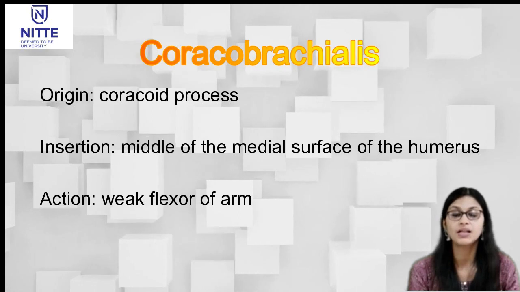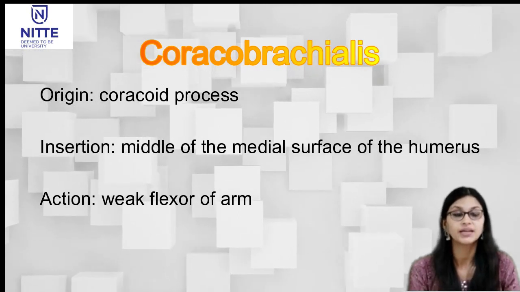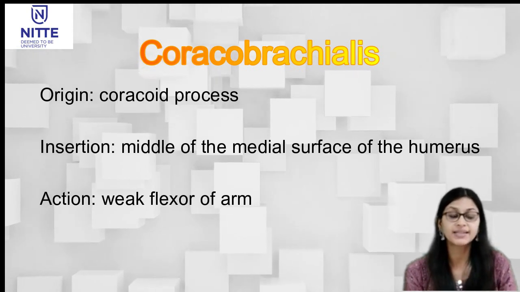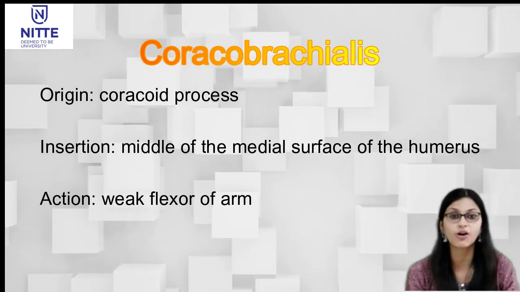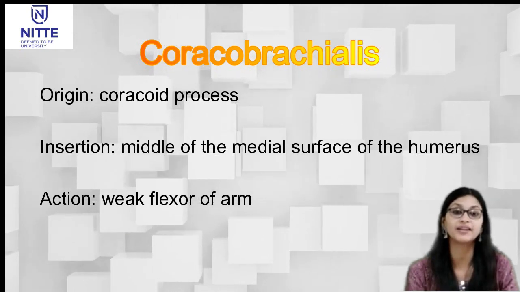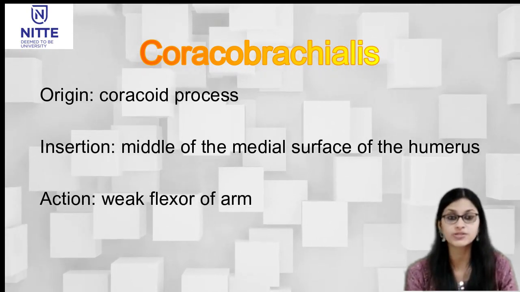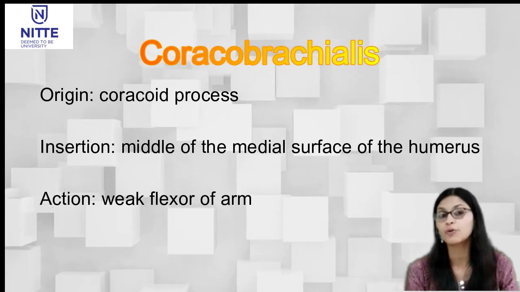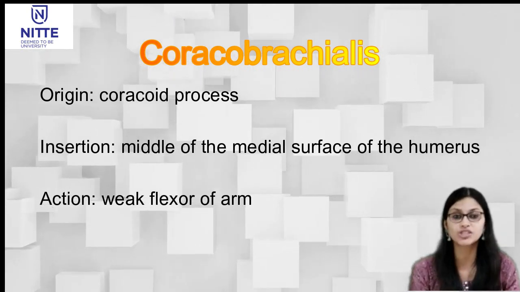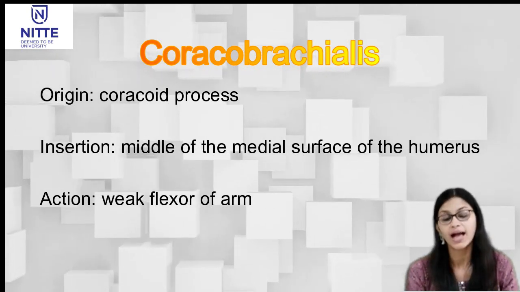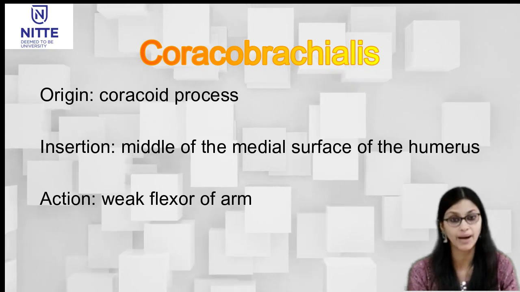The next muscle of this compartment is the coracobrachialis muscle. It is easy to remember the origin of the muscle as the name itself contains the origin. Coraco stands for the coracoid process of the scapula. So the coracobrachialis muscle takes its origin from the tip of the coracoid process, along with the short head of the biceps brachii.